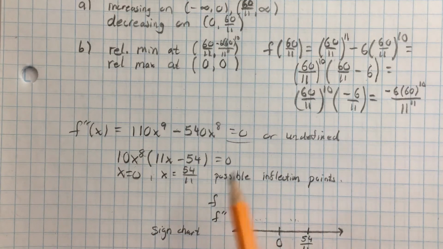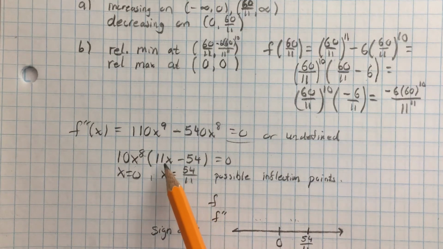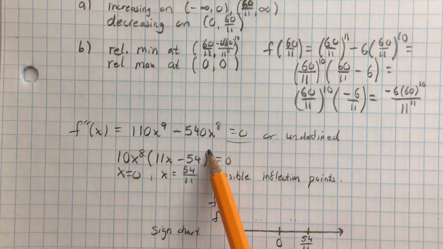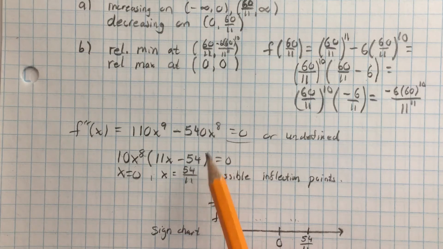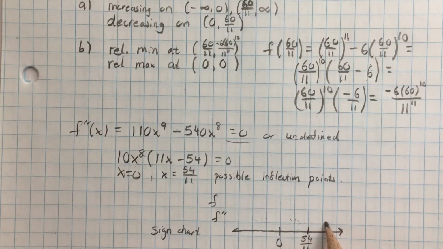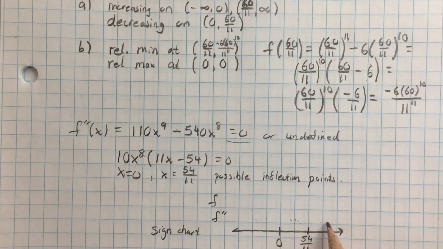But then because the 54/11ths is coming from a factor which has an odd power to it, power 1, so this is a multiplicity 1 root, the sign should change as we move across 54/11ths, but it still doesn't tell me what the sign is on either side. So I still need to take a test case of at least one location, and I can probably figure out the rest.